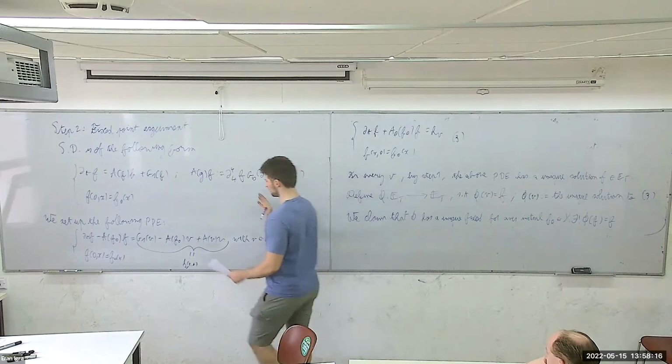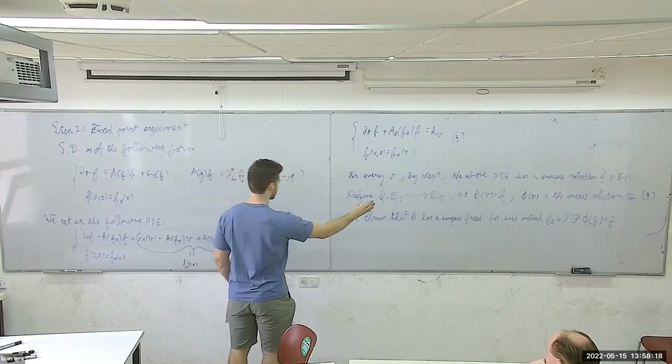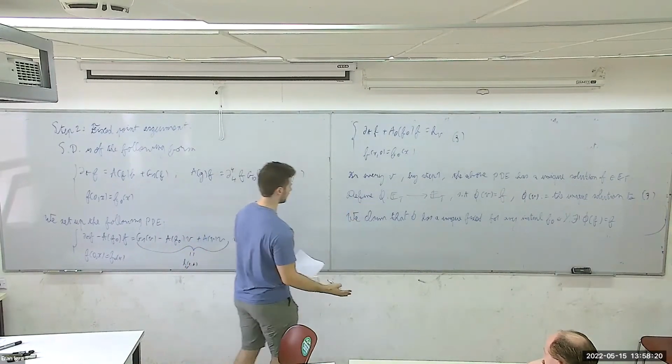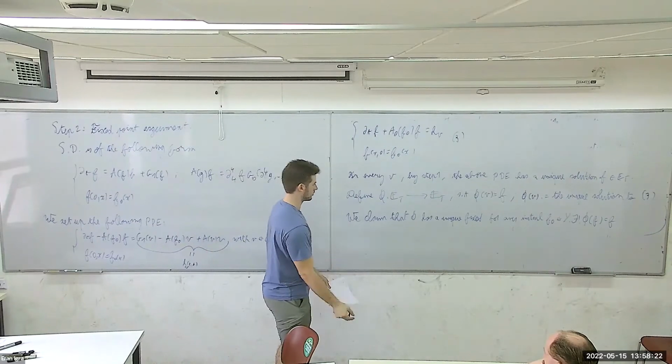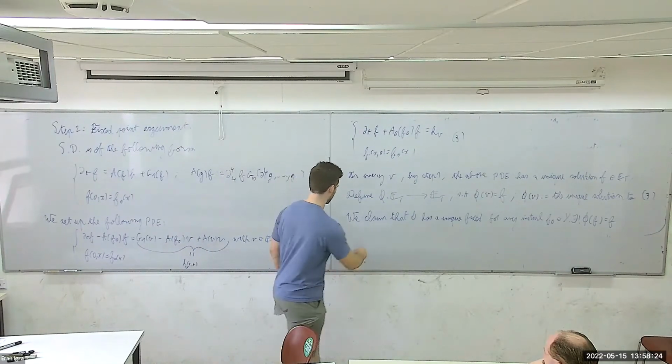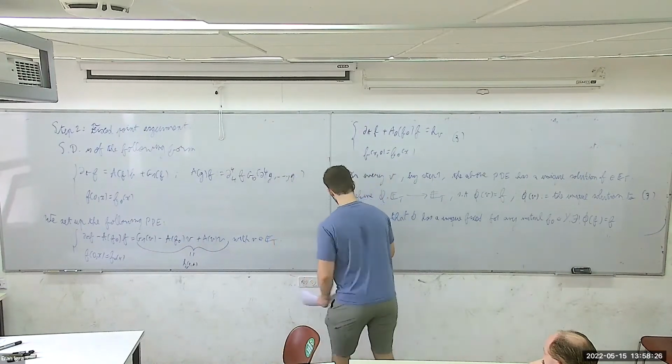So in step 1, we found that you have a linear PDE and we have a solution. Now we apply a fixed point argument. How do we do that? We apply the Banach contraction theorem.